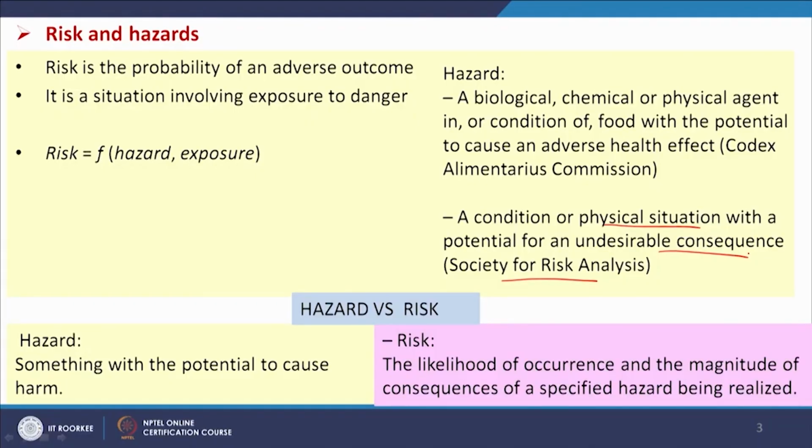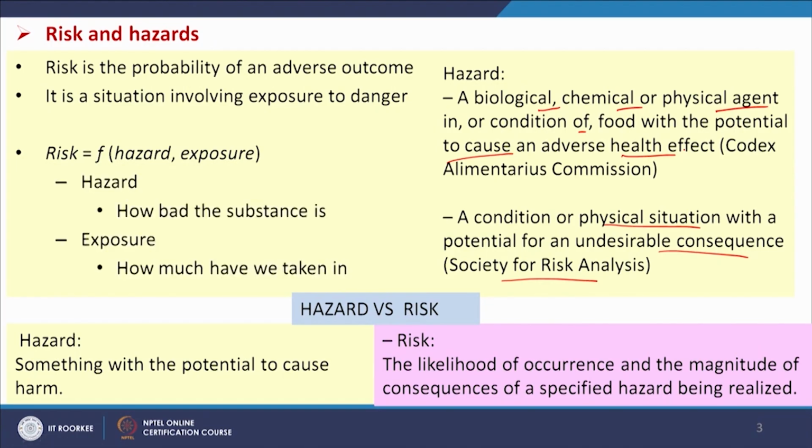Hazard can be defined in another way also, that is a biological, chemical or physical agent in, or condition of, food with the potential to cause an adverse health effect. And risk is the probability of an adverse outcome. It is a situation involving exposure to danger.